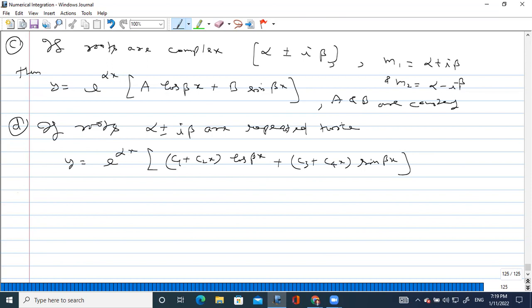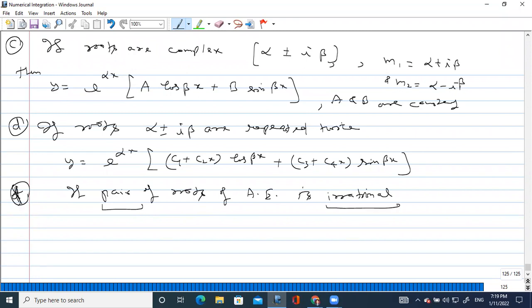Okay, but one more I will tell you. If a pair of roots of the auxiliary equation is irrational, means roots are in pair and it is irrational, that is alpha plus minus under root beta.